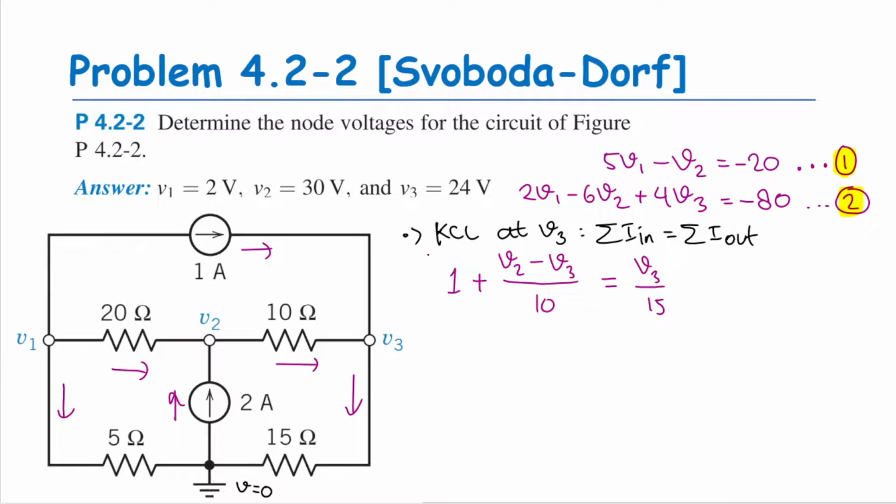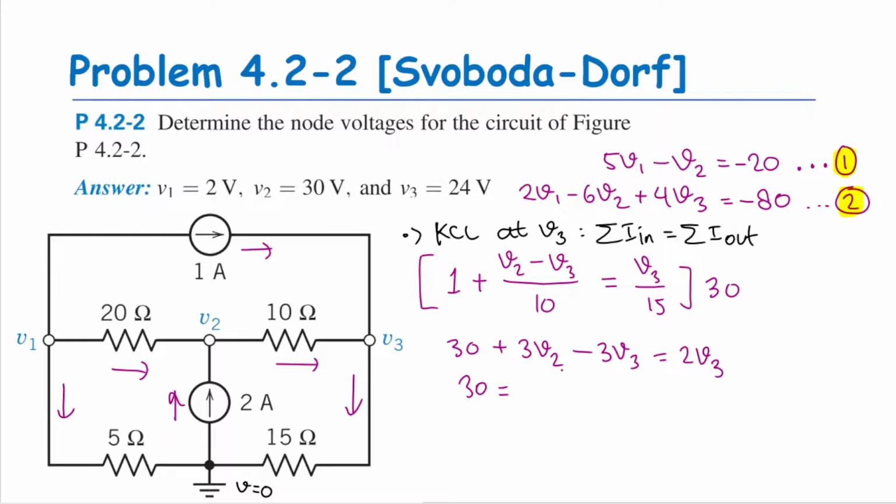Okay, we can multiply both sides, I think, by 30 to cancel out the denominators. So we'll have 30 plus 3V2 minus 3V3, and that will equal 2V3. Okay, maybe let's move the variable to the right hand side.